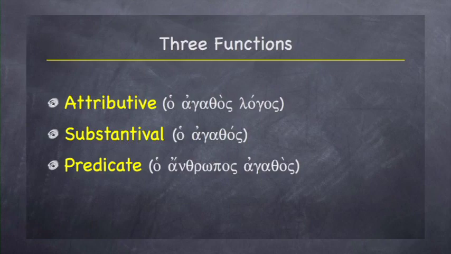Secondly, Greek adjectives can also function substantively. They can function as if they are nouns. And so what do you think would determine the case of an adjective that's functioning as a noun? Just think about it. Well, just like the noun, the case of the adjective is going to be determined by its function in the sentence.